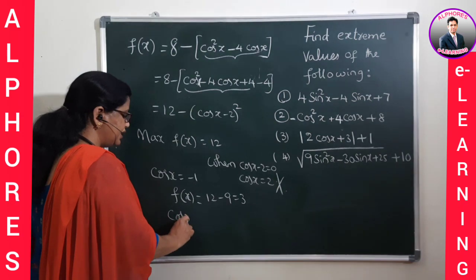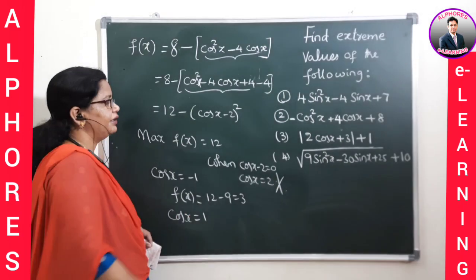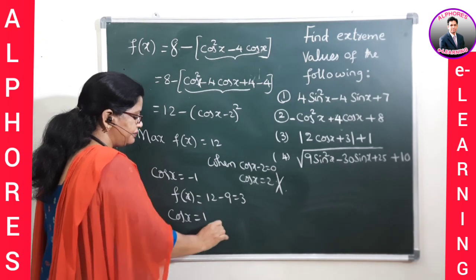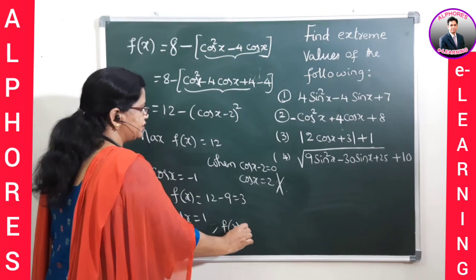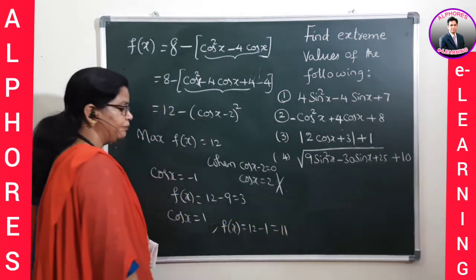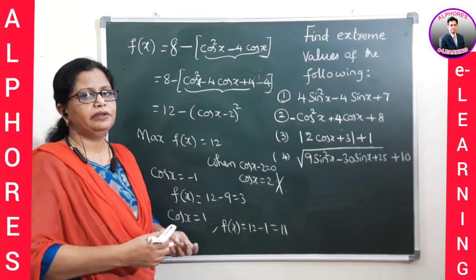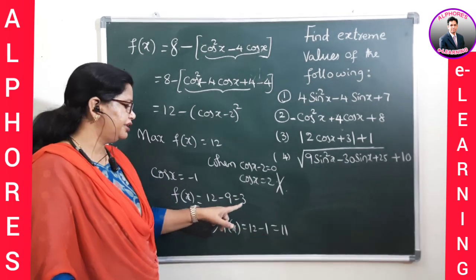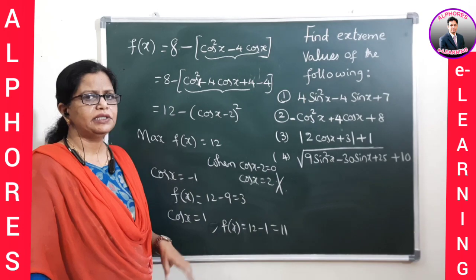And suppose cos x is equal to plus 1, then what about this value? 1. This implies you get f of x equal to 12 minus 1, and thereby this value is 11. Hence here we confine the range to the closed interval 3, 11, where the minimum is 3 and the maximum value is 11.